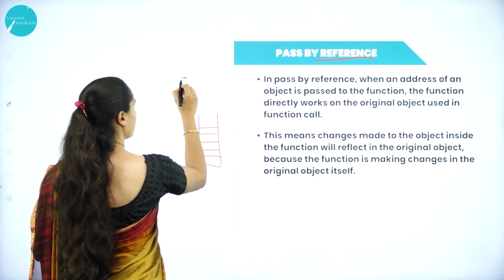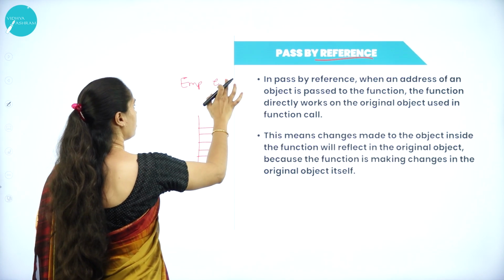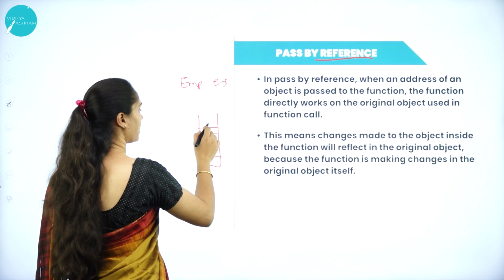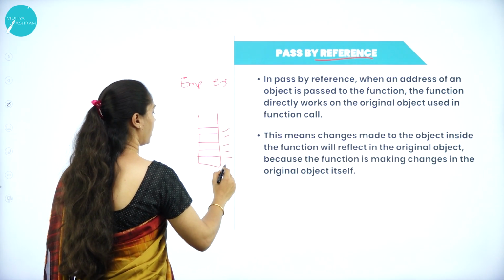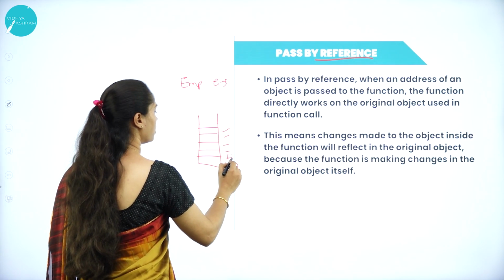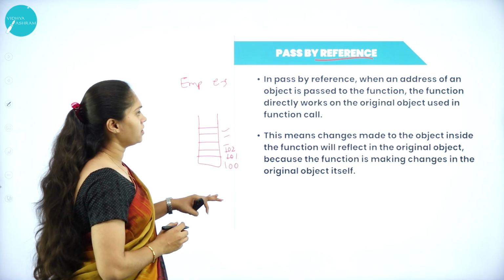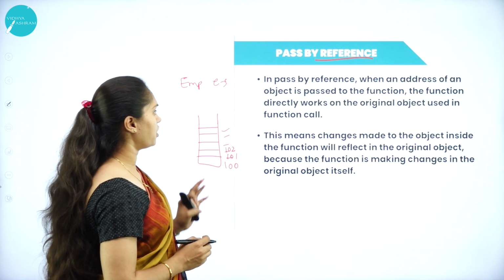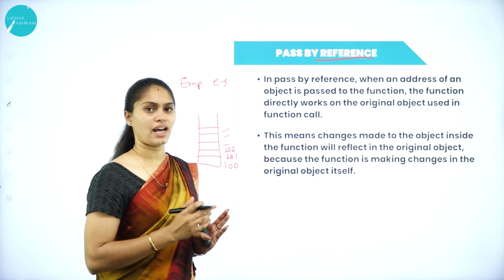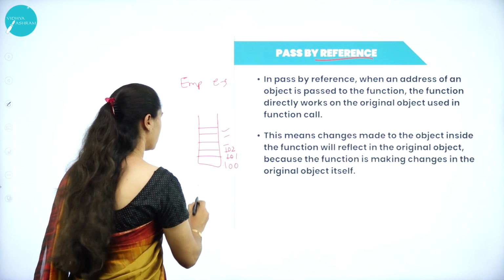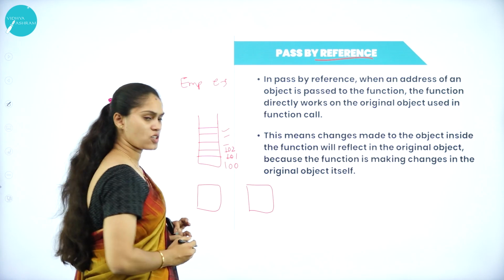For example, consider a class EMP and I am creating an object called E. When I am creating this object E, in the memory block it will have several addresses. Consider these as 100, 101, 102 like that. Okay. So in pass by reference, when the address of an object is passed to the function, it directly works on that address. Let me consider this as an object and this as a function.